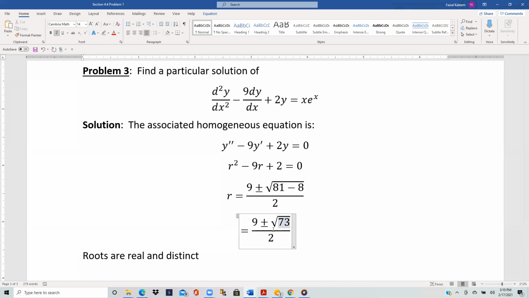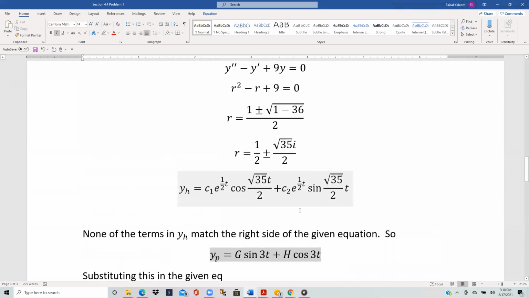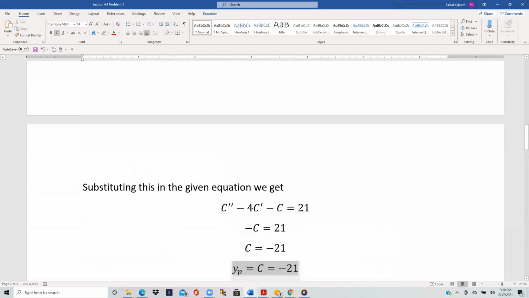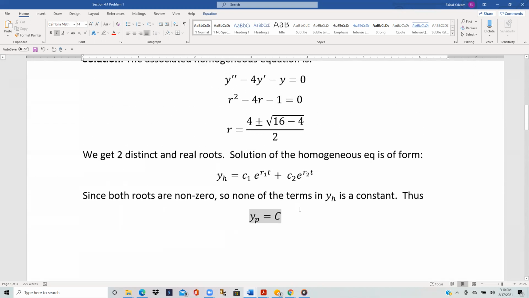And in this case, this is case number 1. So it will be this form.